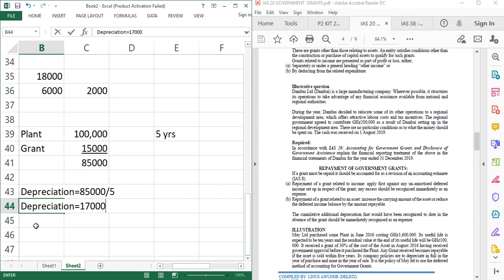And we have done 2 years already. So our total depreciation for the 2 years will be 34,000. All right. But they are saying that at the beginning of the third year, the company can no longer comply with the conditions attached to the grant. Therefore, the grant becomes repayable at the beginning of the third year.